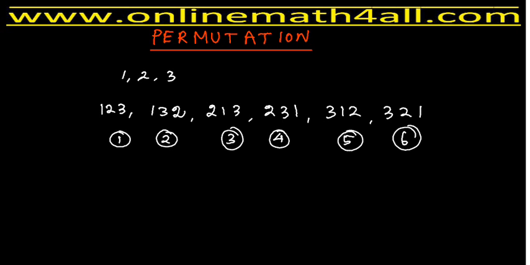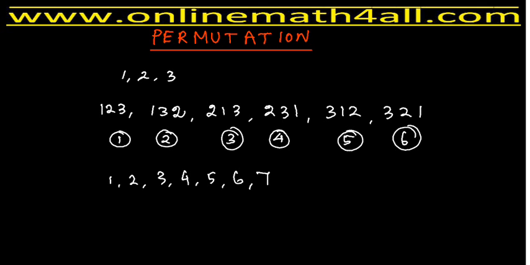But in case we have 7 different digits, for example 1 2 3 4 5 6 7, and we have to form a 7-digit number, how many 7-digit numbers can be formed using the 7 different digits? Is it possible for anyone to do the calculation manually?